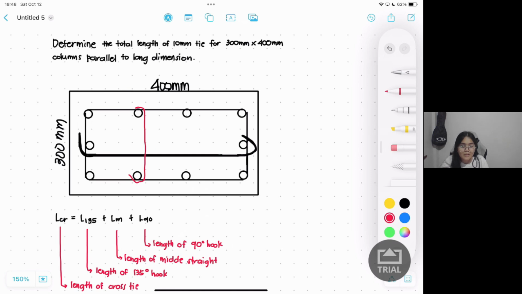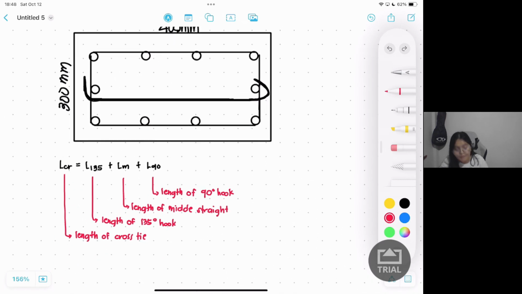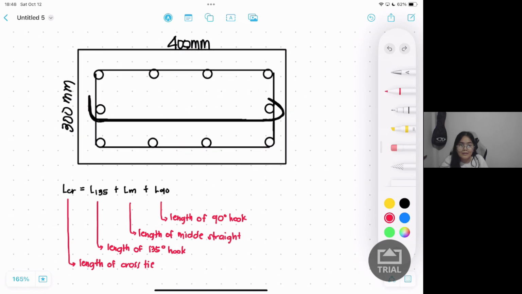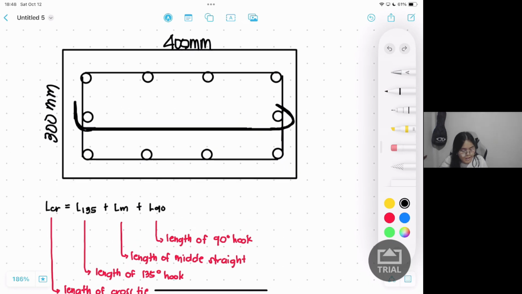So, dapat ina-analyze nyo din yung problem nyo. Okay? And then, for our formula, sige, gumawa na lang kami ng ifa-follow nyong formula for the length of cross tie. Pero, hindi nyo yung kailangang i-memorize.